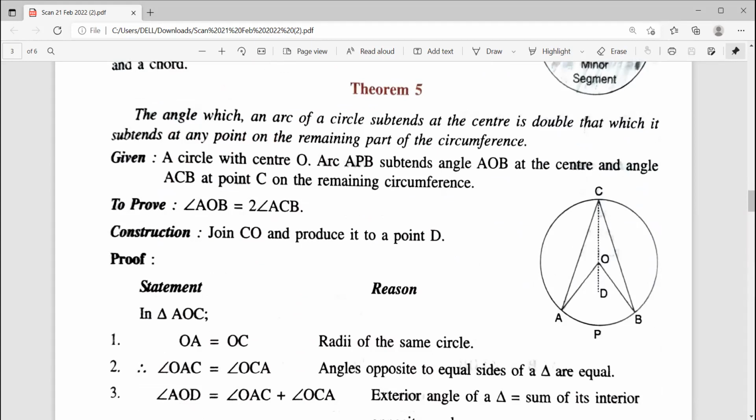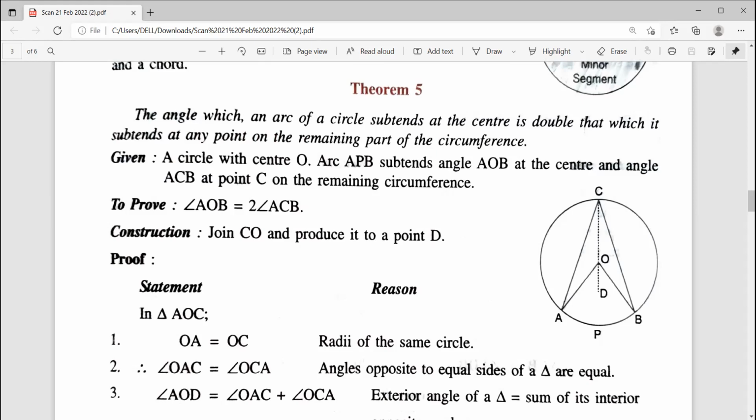Now see, when you say arc APB, what is the remaining part of the circle? The remaining part of the circle is the complete circle other than APB. So the remaining part of the circle will start from A, C, and B.